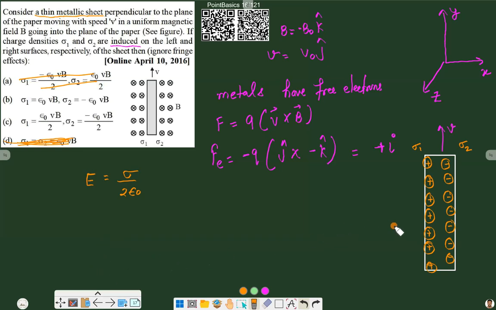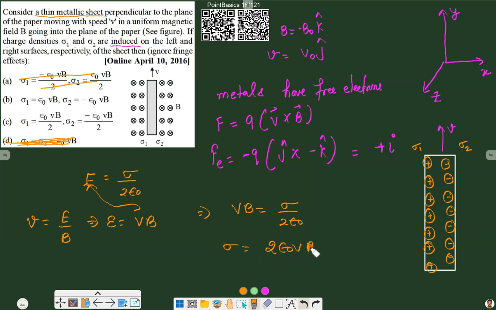We also know that for a moving charged particle we can write V is equal to E by B. Using both of these, we get E is equal to VB. Using this expression, we get VB is equal to sigma by 2 epsilon naught, and from this sigma comes out to be 2 epsilon naught VB.